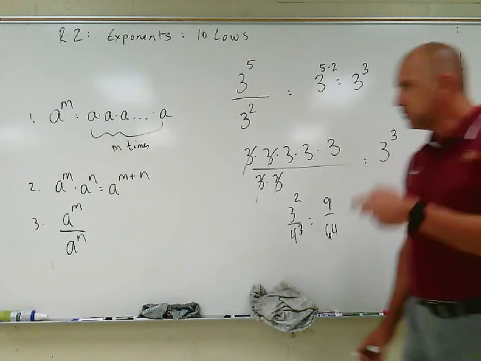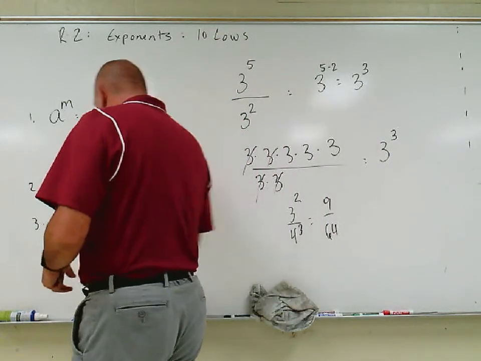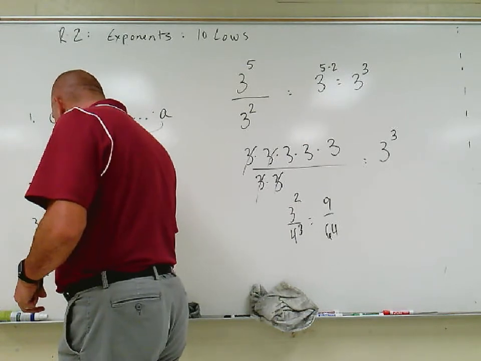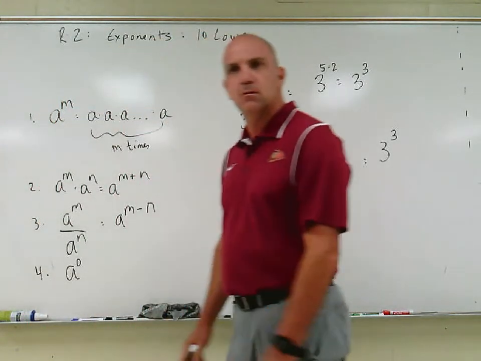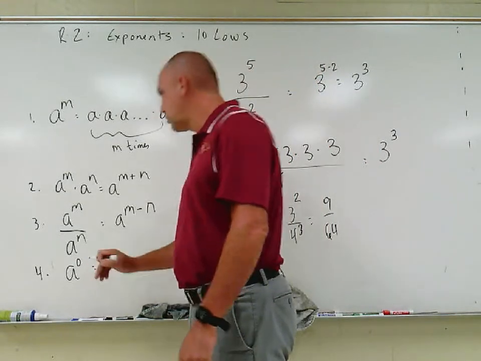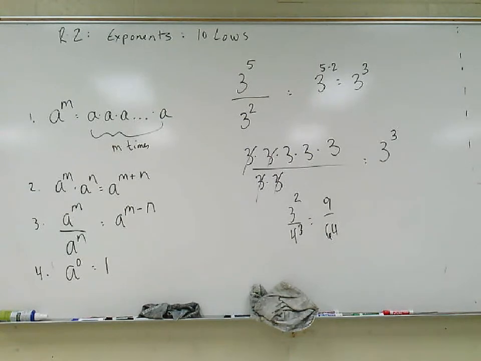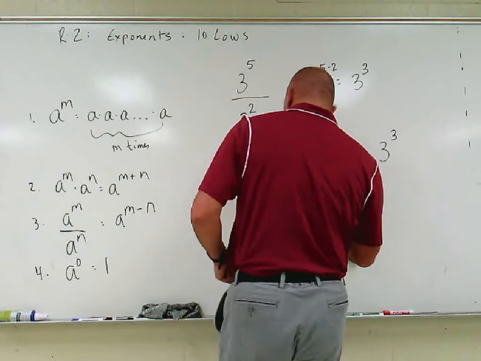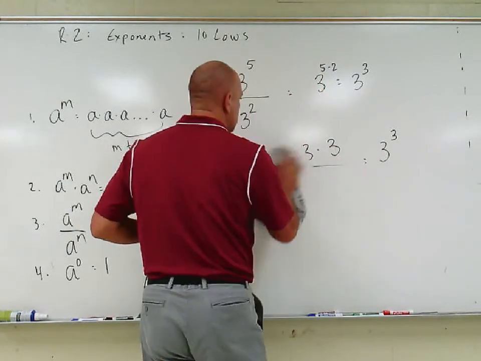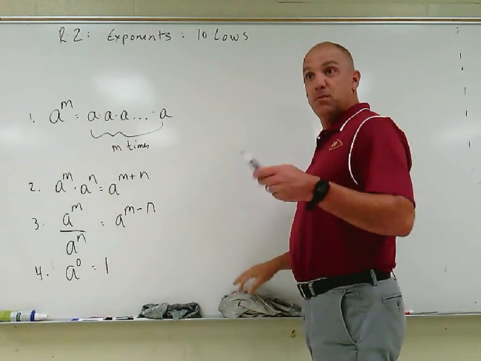Okay? So we subtract. Real quick, what is anything to the 0 power? 1. I thought you were going to ask this question. The question I thought she was going to ask is, what if the bottom was bigger than the top?